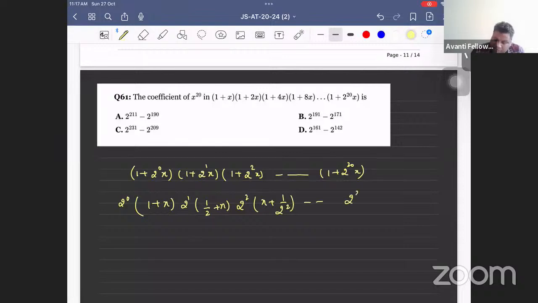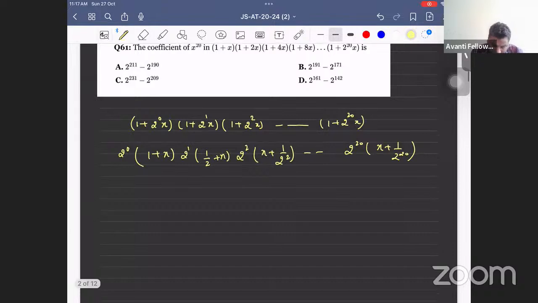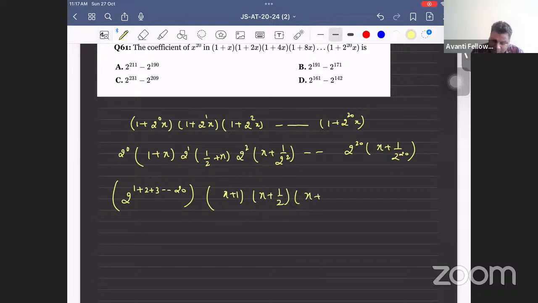And so on, 2 to the power 20 common, x plus 1 upon 2 to the power 20. Am I correct? Now, it will be 2 to the power 1 plus 2 plus 3 up to 20 into (x plus 1)(x plus 1 by 2)(x plus 1 by 2 square) and so on, (x plus 1 upon 2 to the power 20).